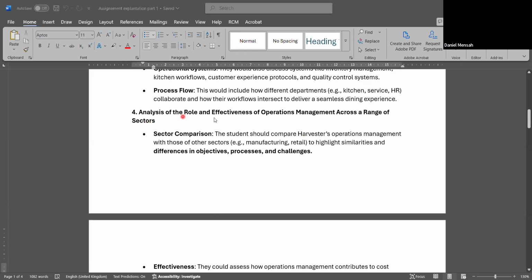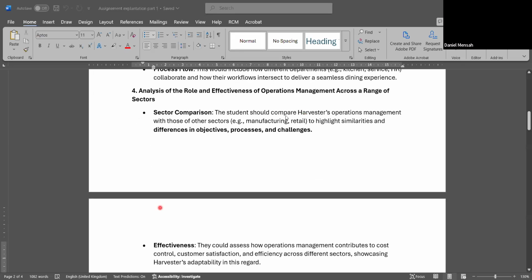Part 4 is analysis of the role and effectiveness of operations management across a range of sectors. Now you are going to discuss the role of operation management across a range of sectors. Okay, for this one, you are going to make a comparison of the different sectors. So you should compare Harvester operation management with those of other sectors.